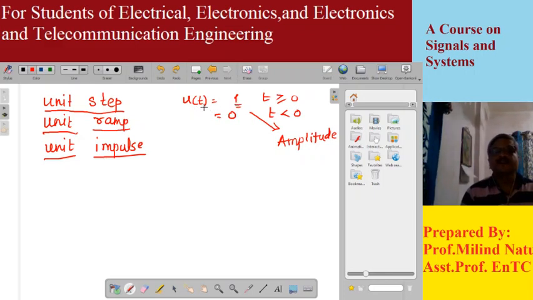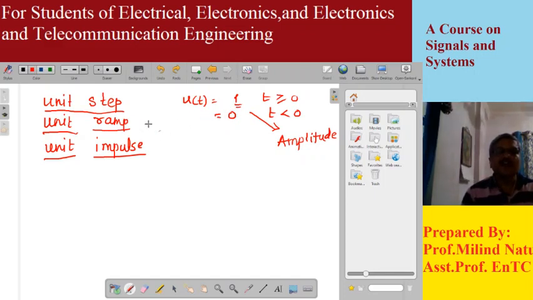In some examples it may be 2, 3, 1.5, 3.5, and so on. It may be negative as well. But we always have to remember that this coefficient indicates the amplitude of the signal u of t, and it never means that this amplitude is always unit. It may change, it may vary.